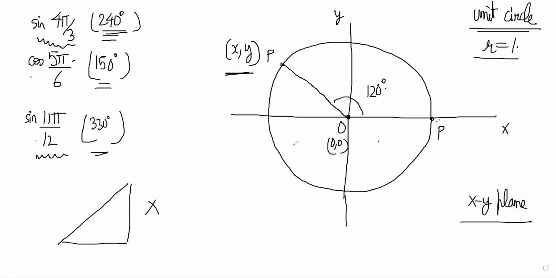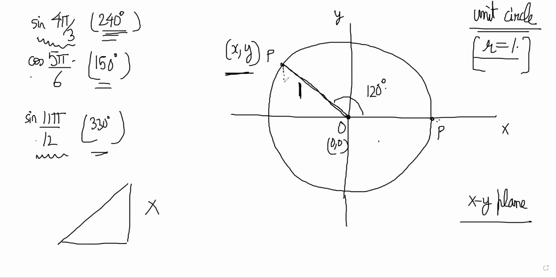Think about it, using all the stuff that you have learned so far, using your trigonometry knowledge, and remembering that the radius of the circle is 1. So actually the OP distance is how much? 1. The x coordinate will be minus cos 60. So how are you saying that?